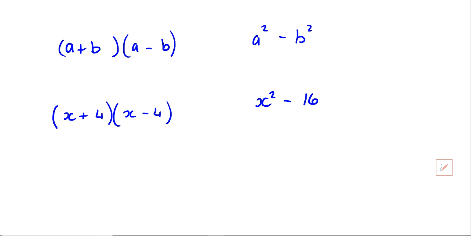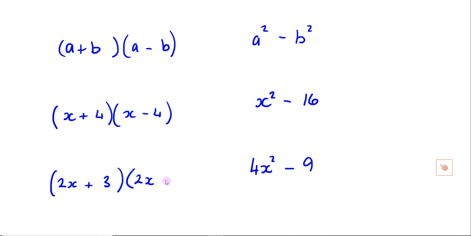If I said to you, we've got 4x squared minus 9, what do you think the brackets are?